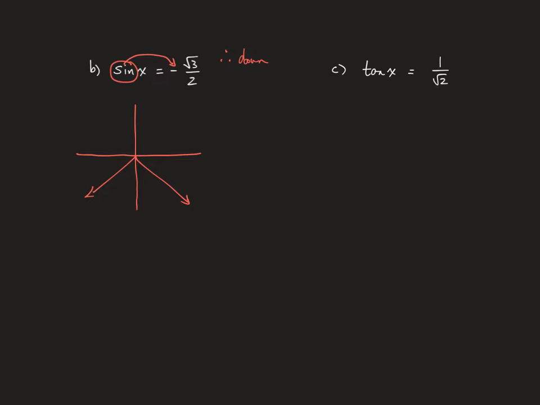Okay, well now all I have to do is finish off building. The next thing I can do is build my triangle, which means I drop in a height. And given that this is the sine, and I know that sine is opposite over hypotenuse, then I can label my sides. So my opposite side must be negative root 3. My hypotenuse must be 2. Now, you can choose to label the third side in the triangle, but it's never required.